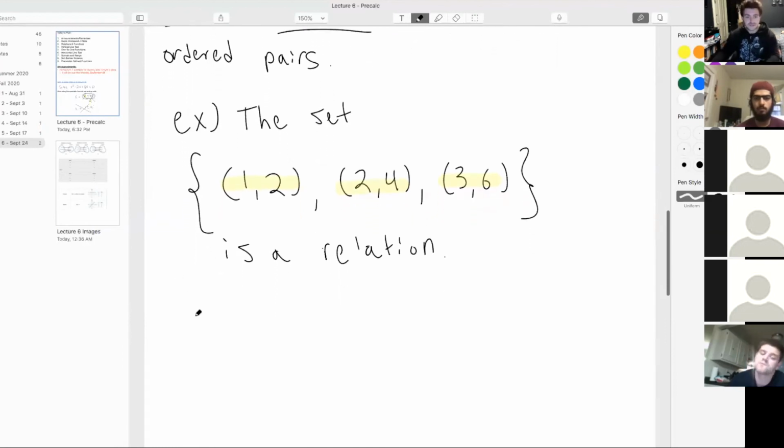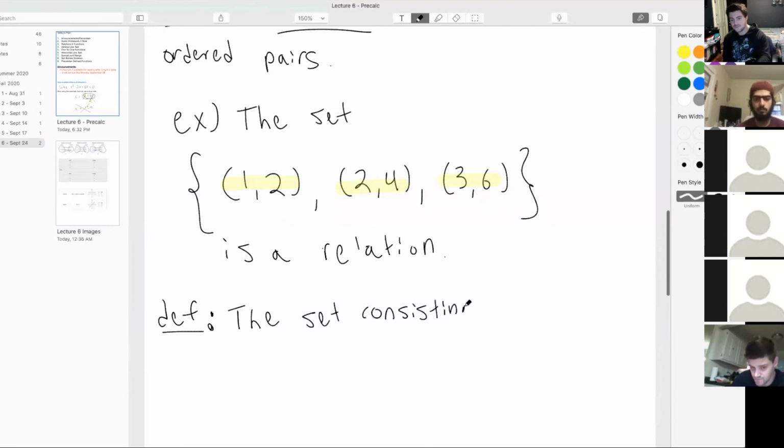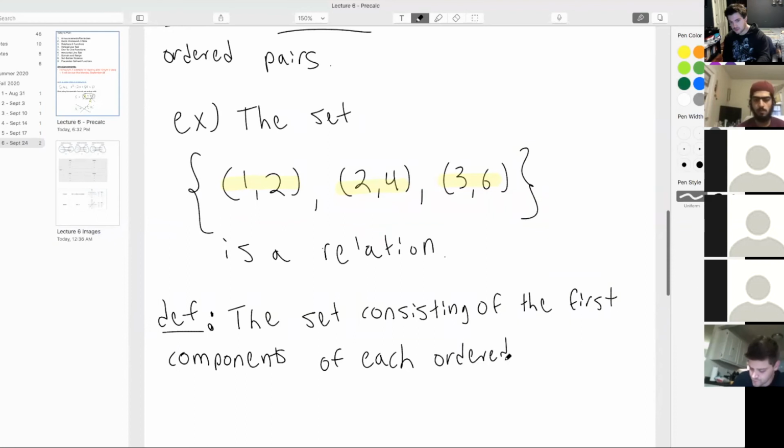We just need some more terminology. So the set consisting of the first components of each ordered pair is called the domain.